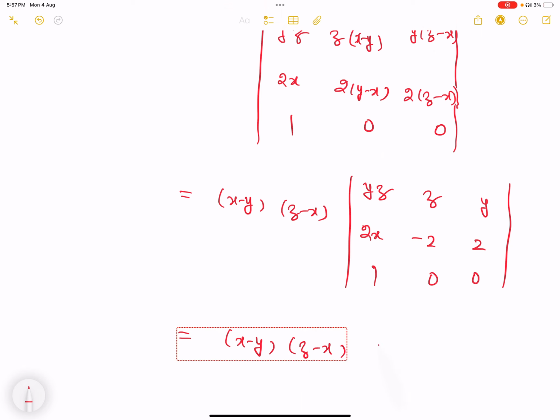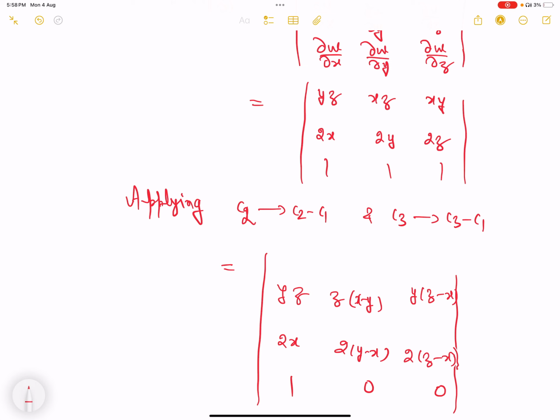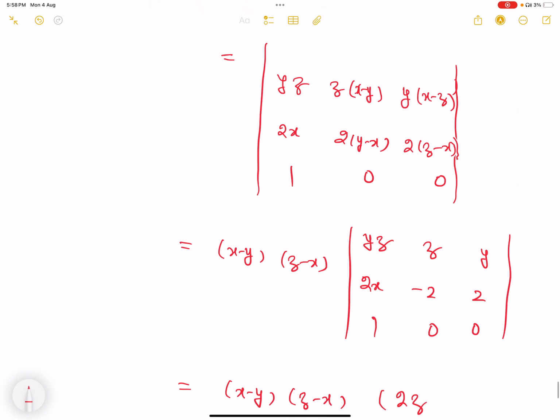So we have y(x minus z), and z minus x gives a minus sign here.